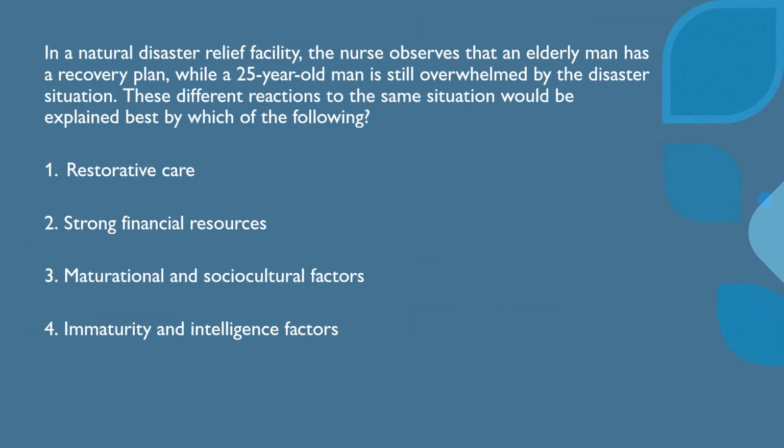In a natural disaster relief facility, the nurse observes that an elderly man has a recovery plan, while a 25-year-old man is still overwhelmed by the disaster situation. These different reactions to the same situation would be explained best by which of the following? 1. Restorative care 2. Strong financial resources 3. Maturational and socio-cultural factors 4. Immaturity and intelligence factors.